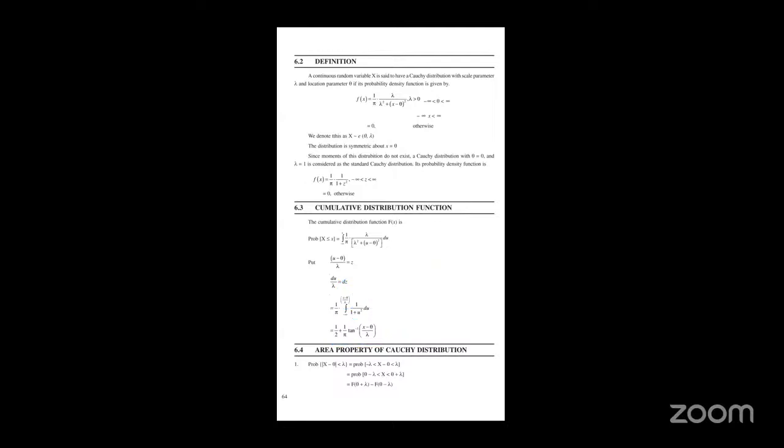Now the area property of the Cauchy distribution: probability of mod x minus theta less than lambda. We can write inside as minus lambda less than x minus theta less than plus lambda.